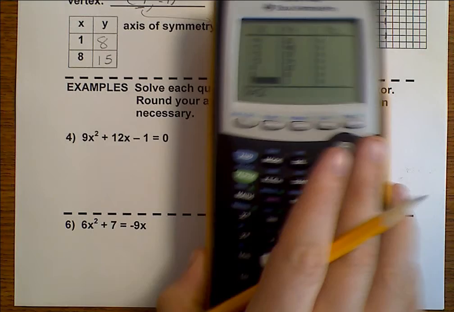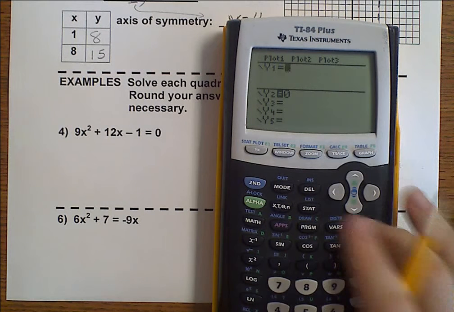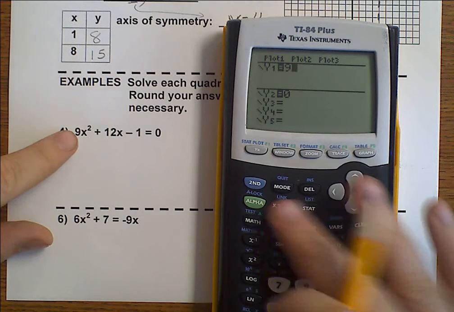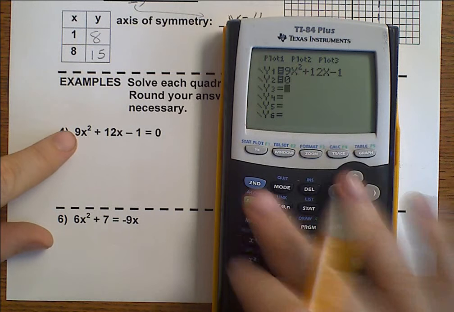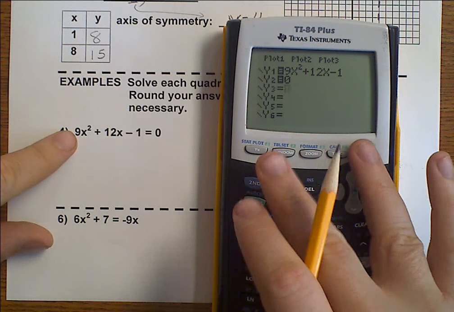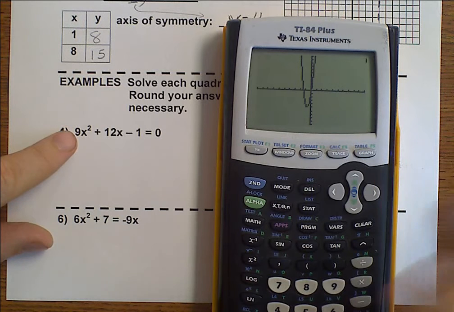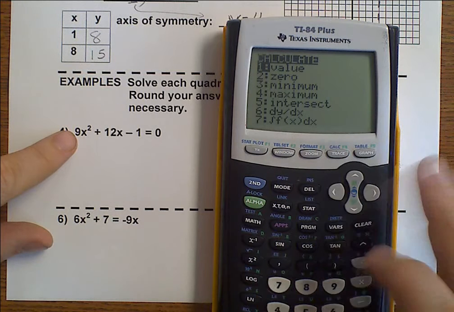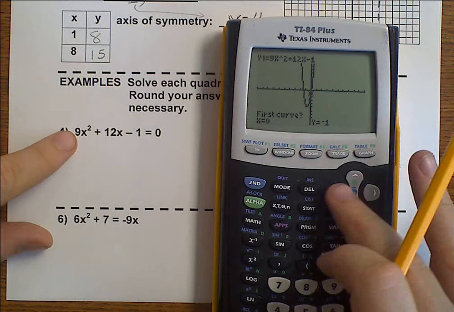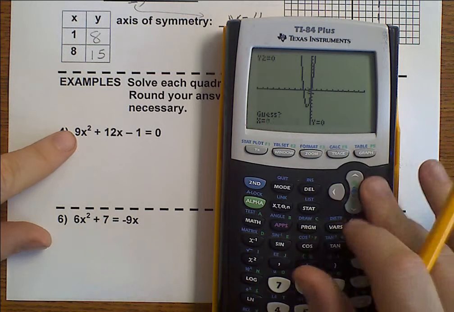So let's go ahead and do number 4. Go back to y equals, clear out what was in y1, replace it with what is here. y2 remains 0. We go to graph, second trace, find the intersect, first curve, second curve, guess.